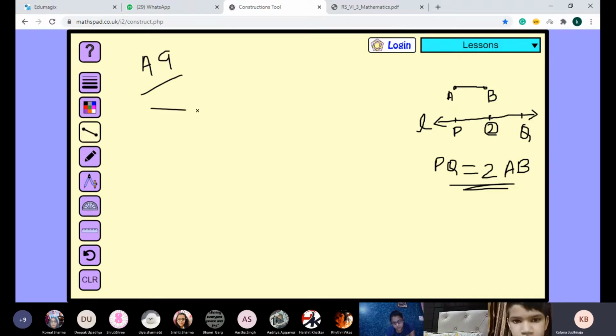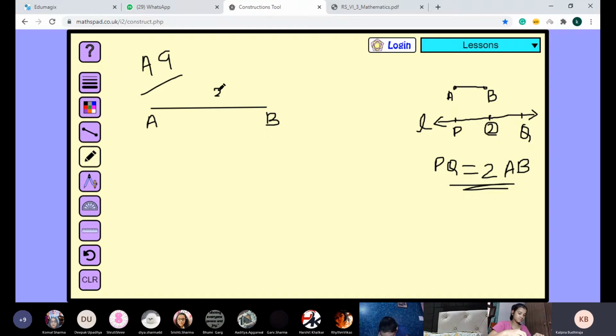All of you quickly draw any line AB of measurement, say 4 centimeter or 3 centimeter, 3.5 centimeter, whichever is comfortable to you. So let us say I have drawn a line segment of 3 centimeter. Okay?